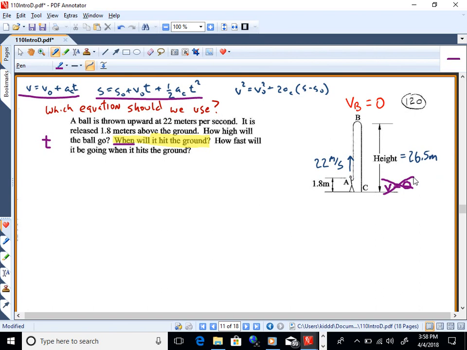Now, there is nothing in these equations that allows you to say the ground is here, okay? These equations just look at the constant acceleration, the displacement, and the time and the velocity. That's it. It's not smart enough to know that it's going to hit the ground. Y'all understand kind of what I'm getting at there? What that equation does is it generates a parabola that goes up and comes back down, and it doesn't know anything about it hitting something.